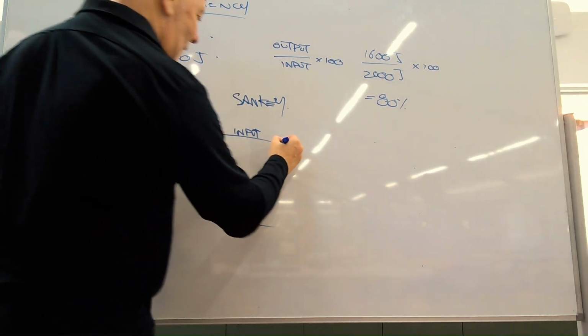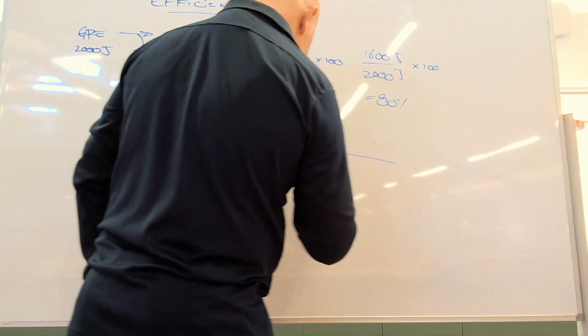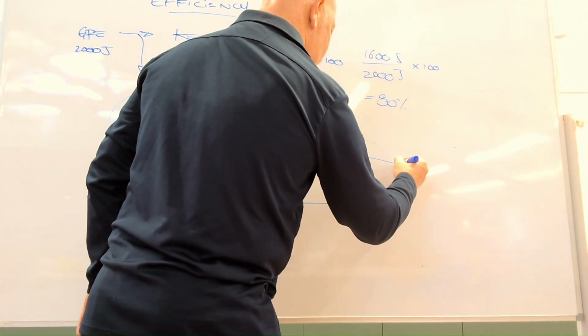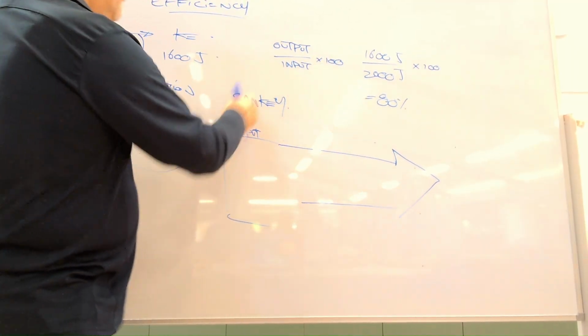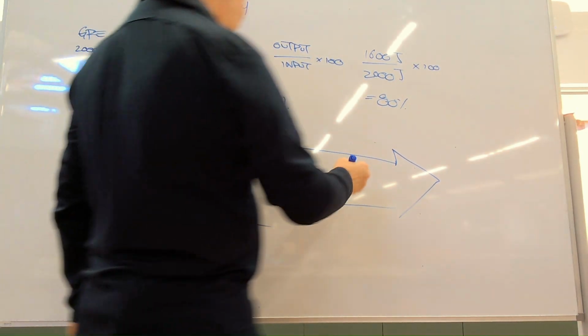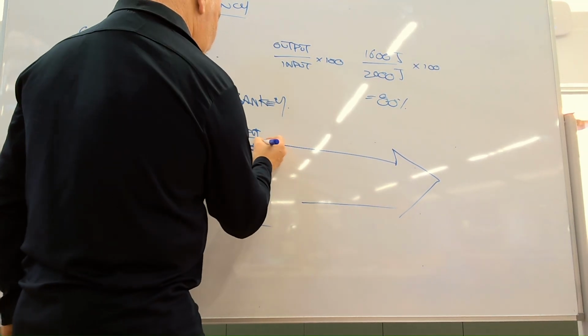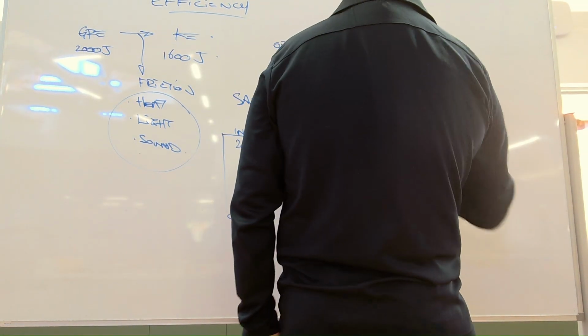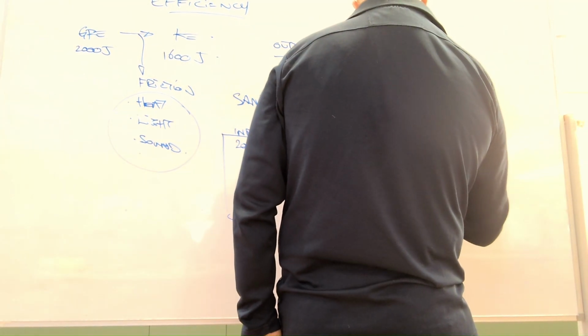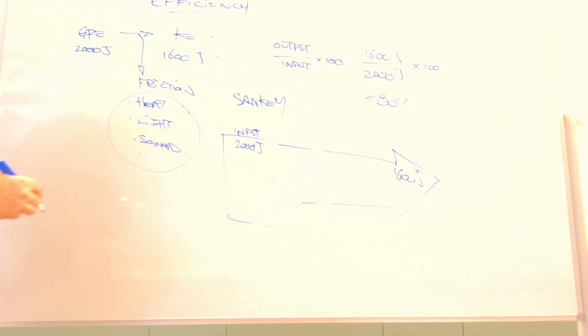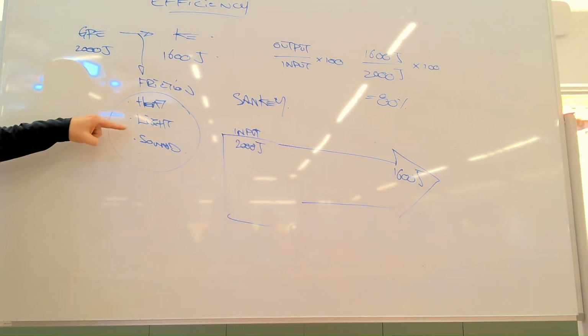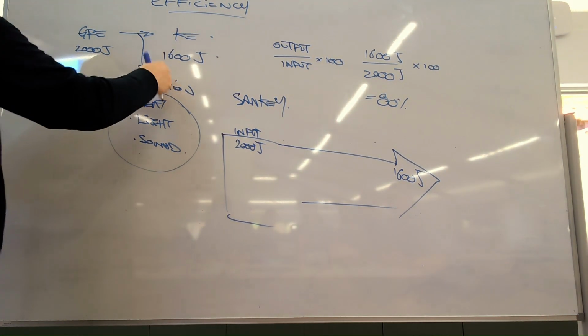All right. Now, only most of the energy here gets converted into kinetic energy. So this will be here 2,000 joules. Here is 1,600 joules. So it has the second thickest line, but we don't know how much here is, so that's another 400.